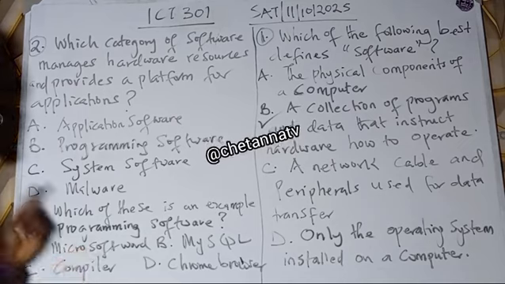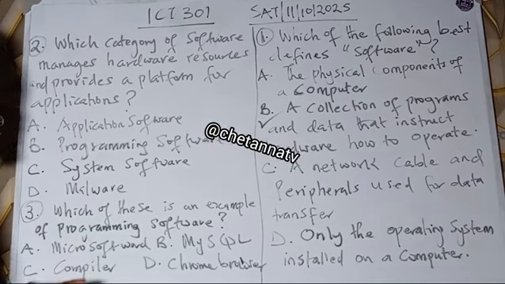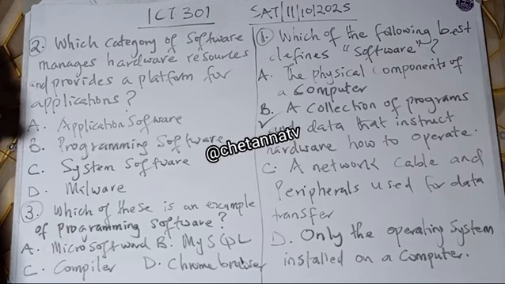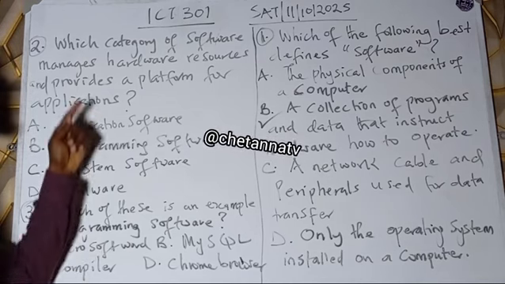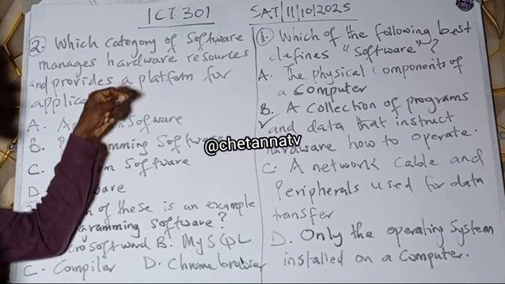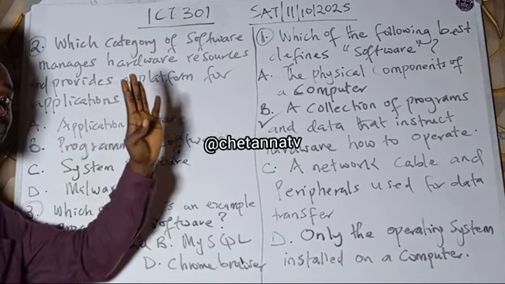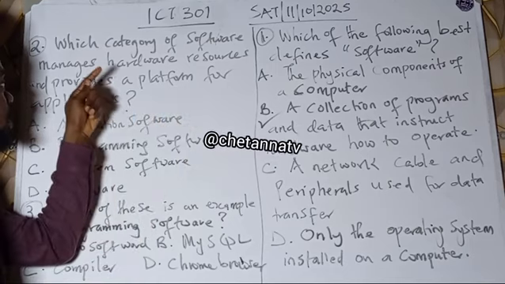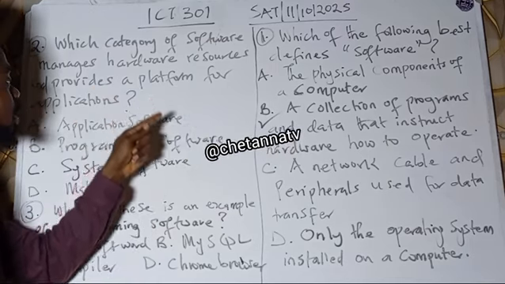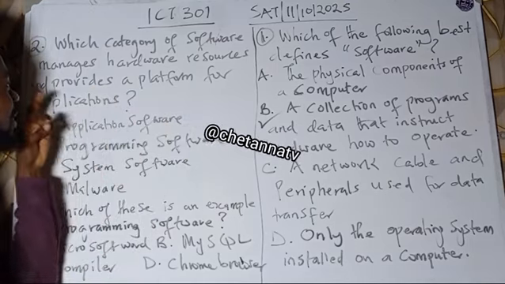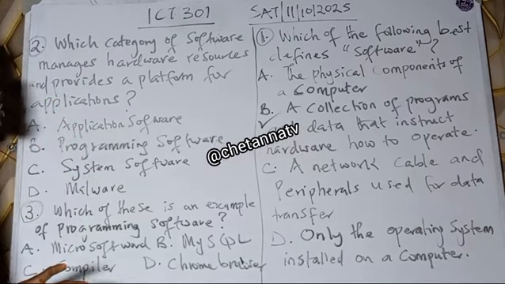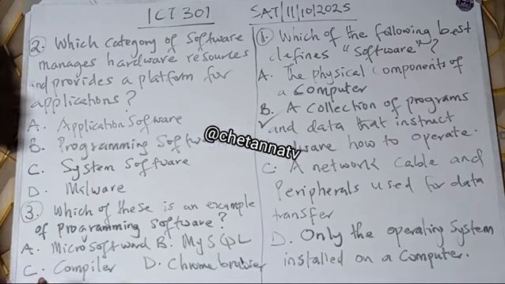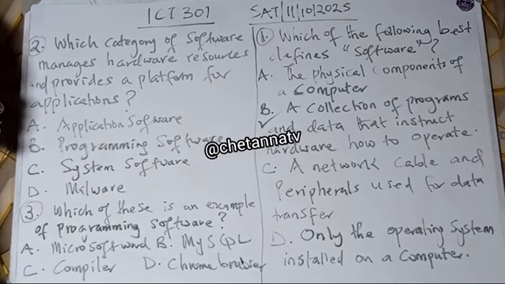C says system software. D says malware. The question says the category of software. Remember, I listed the three categories of software before. It wants us to point out the one that is involved in managing hardware resources and provides a platform for applications.